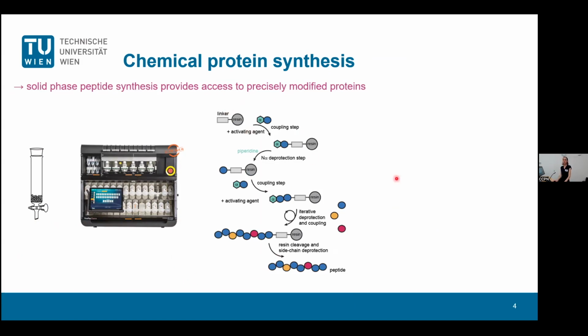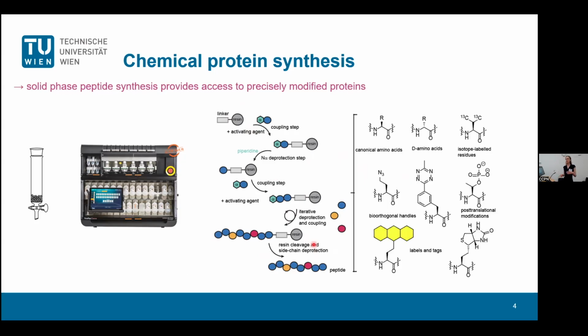So we synthesize the peptides on a solid phase resin, build them up amino acid by amino acid through a series of coupling and deprotection cycles. And the cyclic synthesis means that at any point along the peptide, we can insert basically whatever we like.